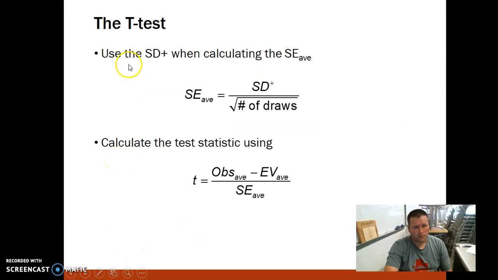The only difference is that on our t-test, we're actually going to use the standard deviation plus for calculating our SE average. And then we're going to call it a t statistic, a t score, instead of a z score. That's the only difference here. This should look really similar except we're using that SD plus, and then we're just calling it a t score instead of a z score.